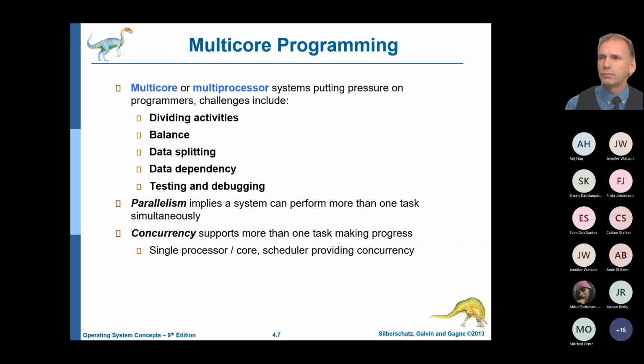Not everything is suitable for multi-processing. So you might think to yourself, okay, well, if we have multiple cores or multiple processes and we have a spreadsheet, and at the bottom of the spreadsheet is a sum, well, why don't we just send all of those columns to different processes and get them to add up?